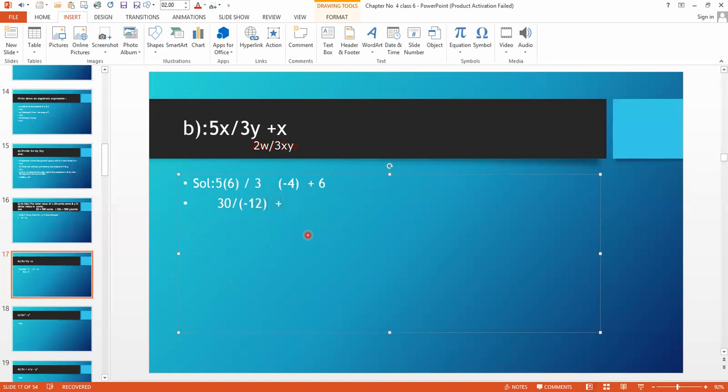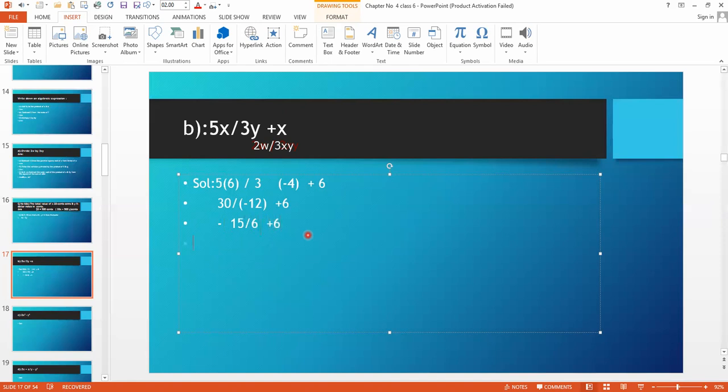Then plus 6. Move towards the next step. We have to solve it. 30 divided by 12. It is divisible by 2. So first we have to put the sign. It is minus 15 divided by 6, plus 6.